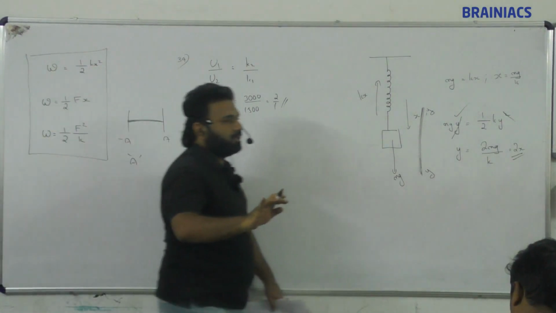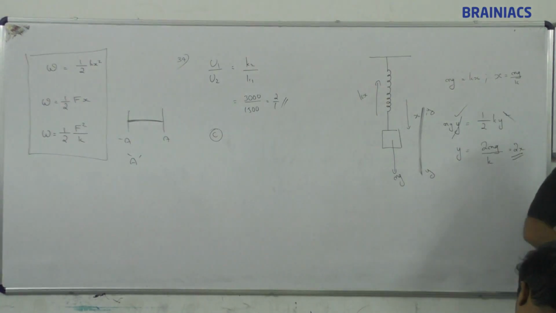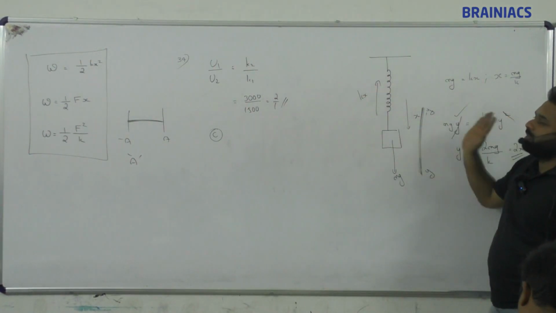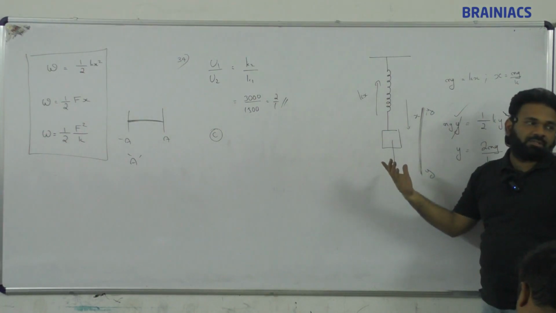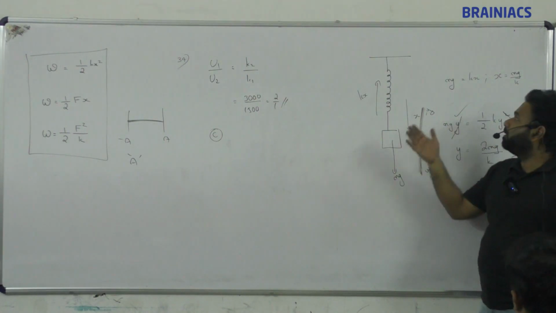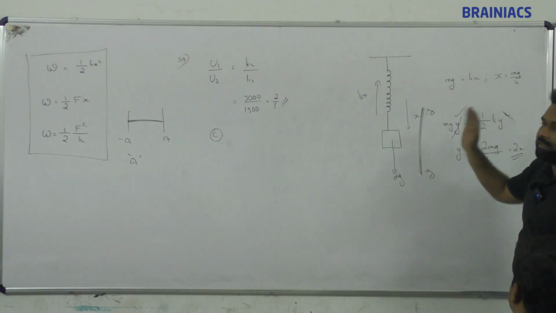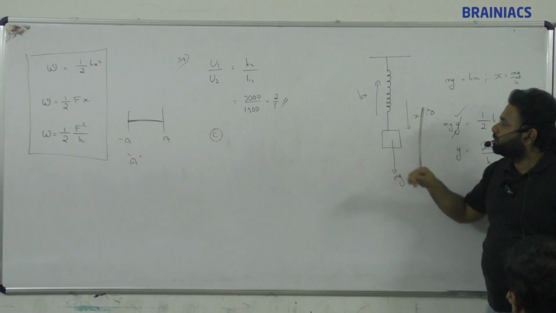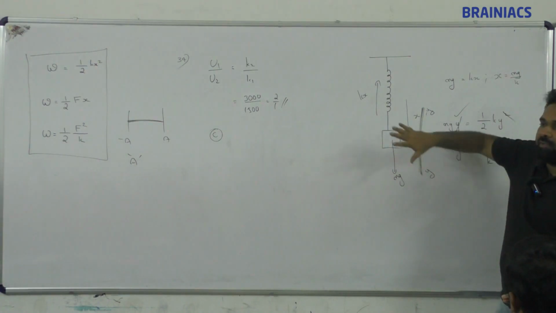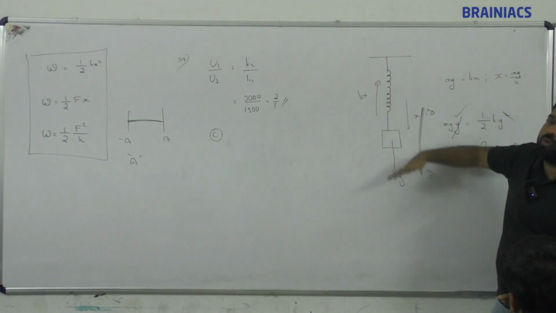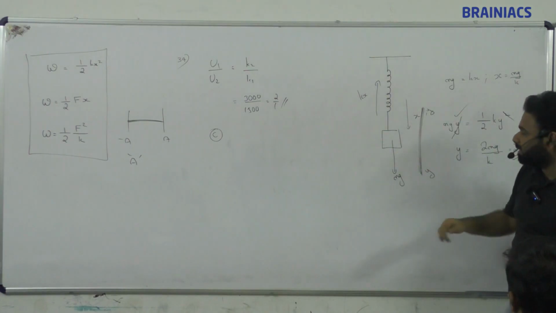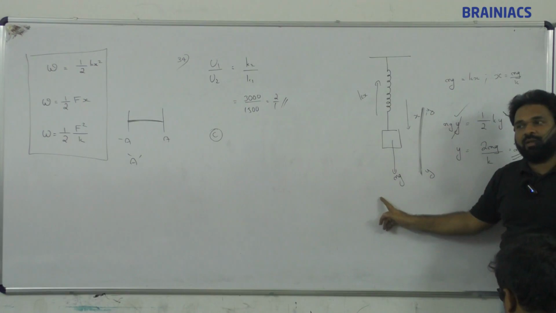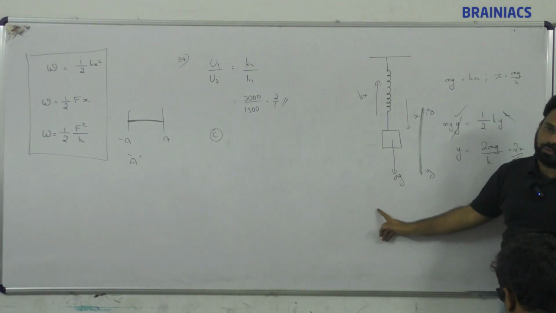I explain again, children. See, if we are simply leaving this slowly, there will be simple extension. mg is equal to kx will be the equilibrium position, the force. Now suppose we simply leave it just like that, it will oscillate, which means it will have the maximum displacement, and maximum displacement is the amplitude.